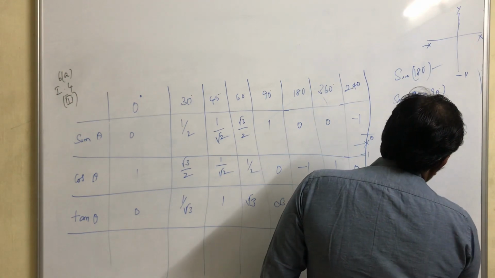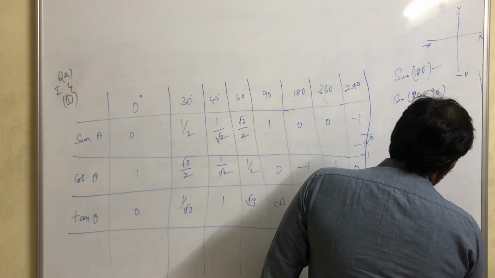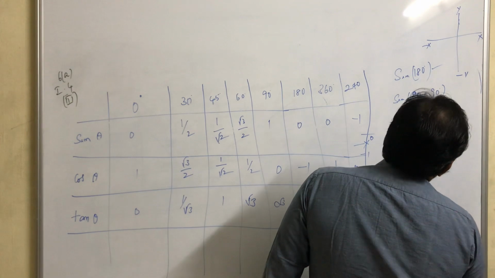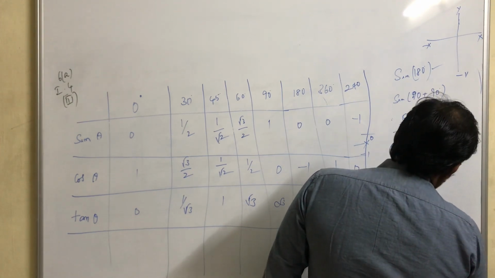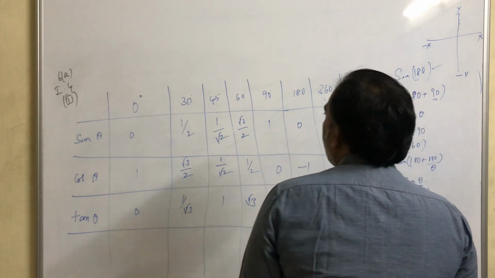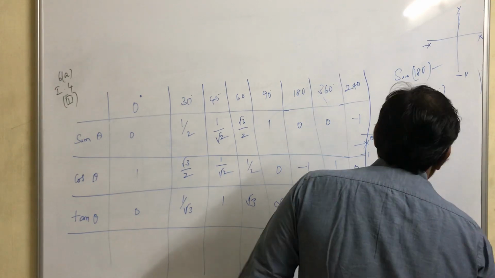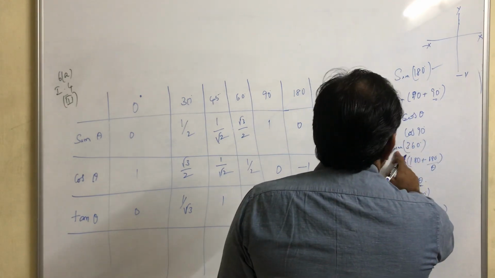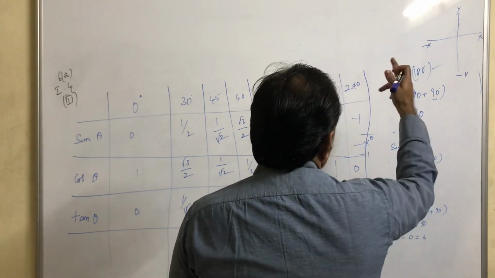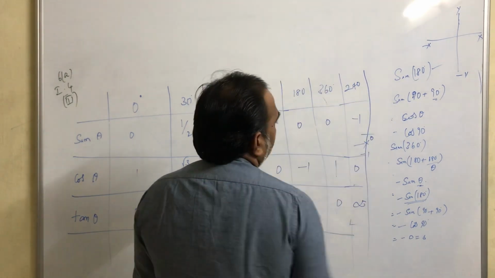What is the value of sin 180? This is further simplified as sin of 90 plus 90. What is sin of 90 plus theta? Sin of 90 plus theta equals cos 90. What is the value of cos 90? Cos 90 equals 0. Minus 0 is 0, right? So sin 360 equals 0. The same thing we got here. So in this way we are able to derive 180, 360, 270 also.